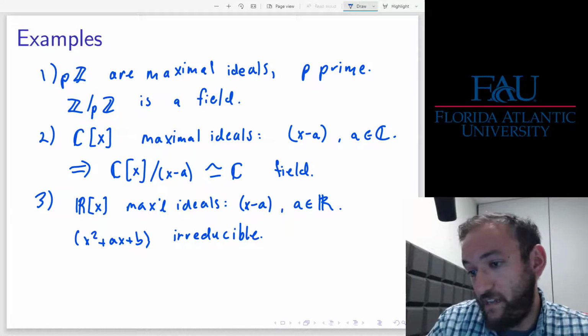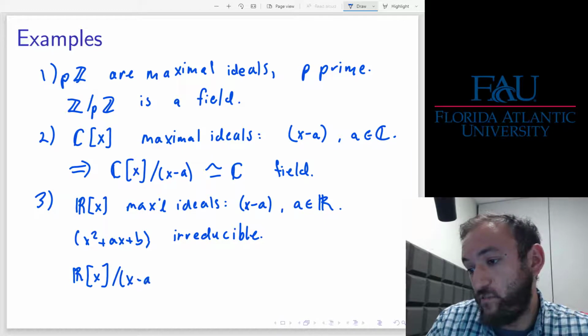If you take the first kind, then the quotient ideal is going to be isomorphic to the reals.